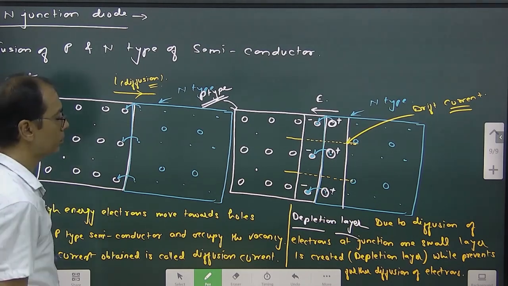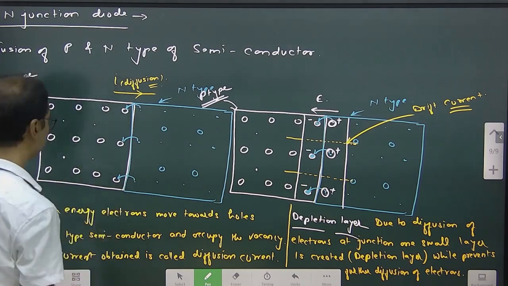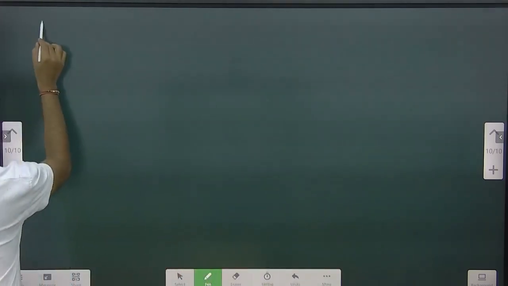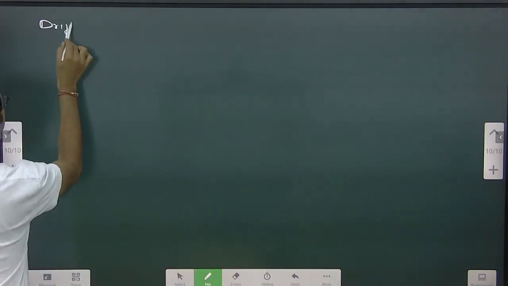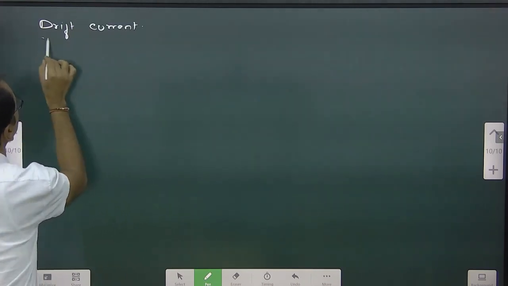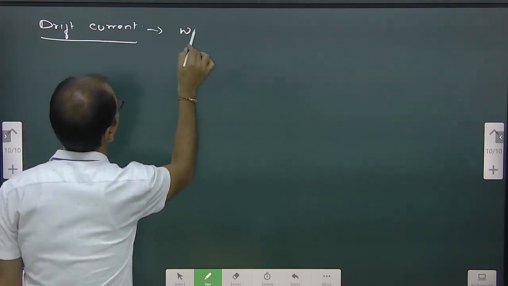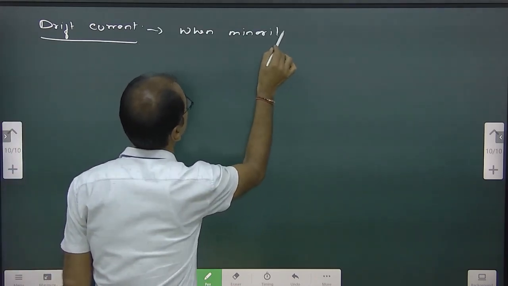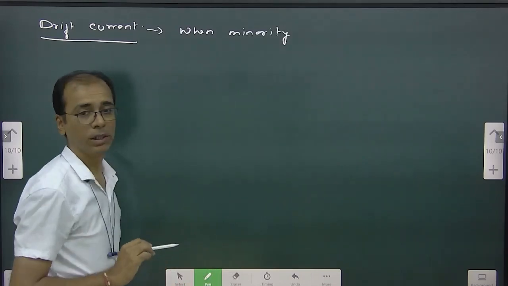Okay, so you're talking about drift current. What is drift current then? Drift current: when minority charge carriers from the P-type semiconductor move to the N-type with the assistance of the electric field, obviously, drift current is obtained.